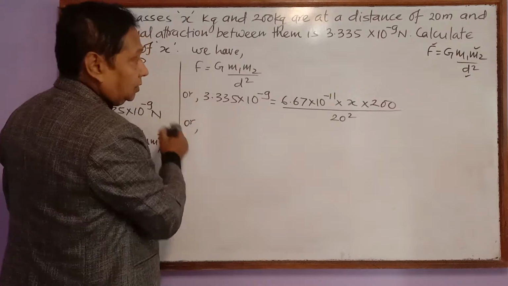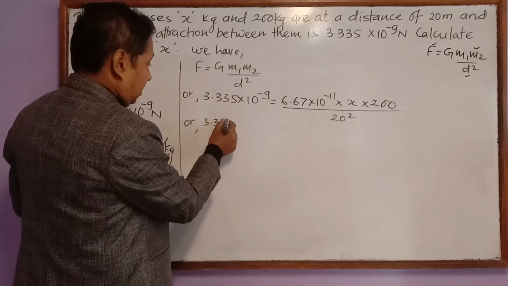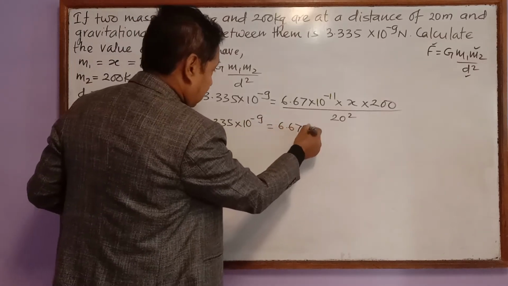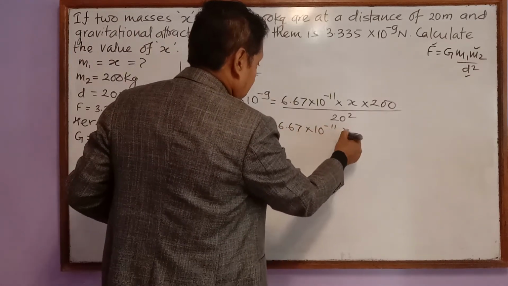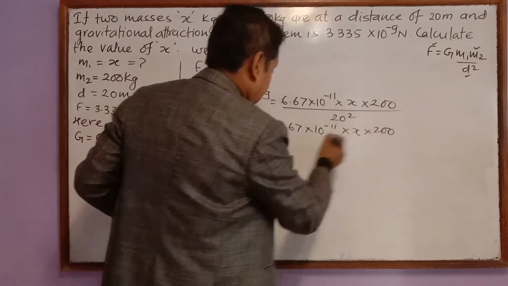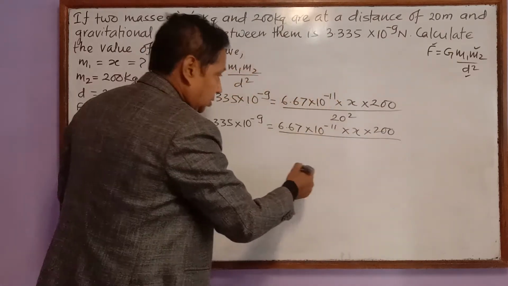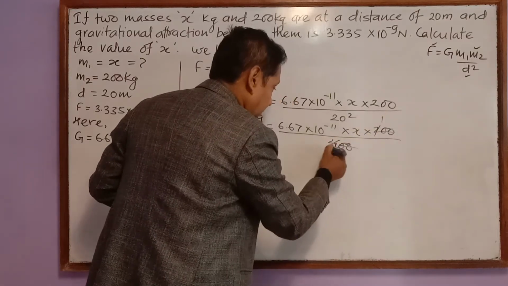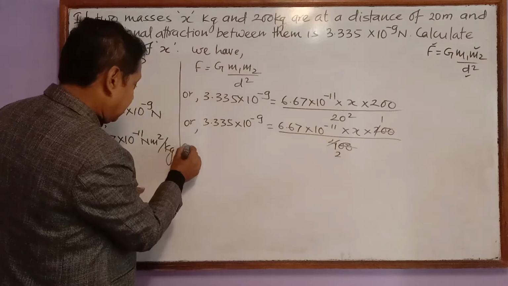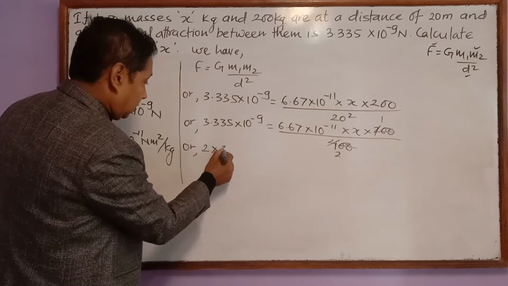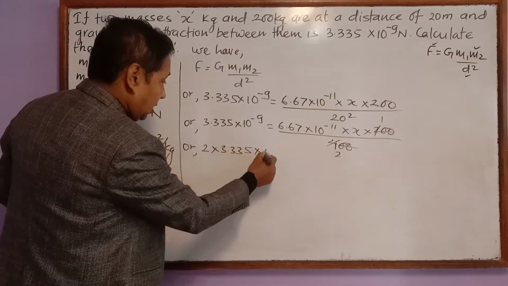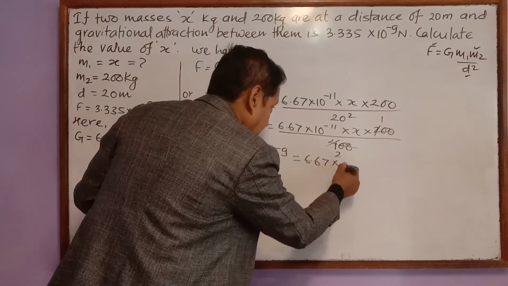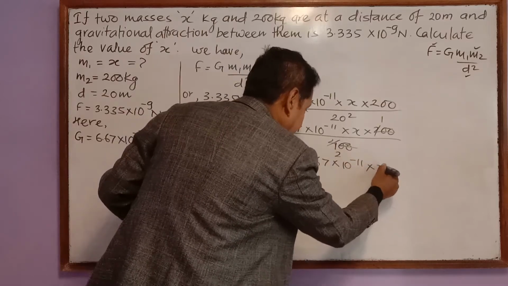Now, 3.335 into 10 to the power minus 9 is equal to 6.67 into 10 to the power minus 11 into x into 200, upon 20 square. 20 square means 20 into 20, it is 400, and 200 cancels with 400, 2 1s are 2, 2 2s are 4. Now this 2 can be taken to left hand side, 2 into 3.335 into 10 to the power minus 9 is equal to 6.67 into 10 to the power minus 11 into x.